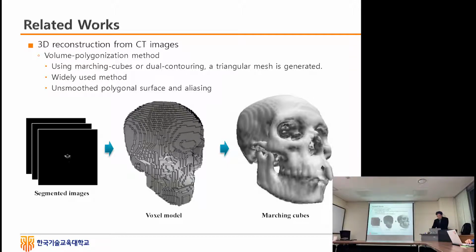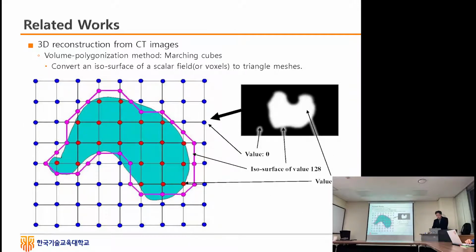Among volume polygonization methods, the most well-known method is the marching cubes method. Here is the basic algorithm of the marching cubes method.